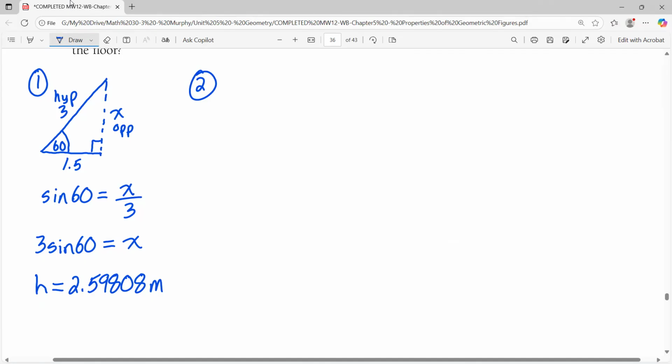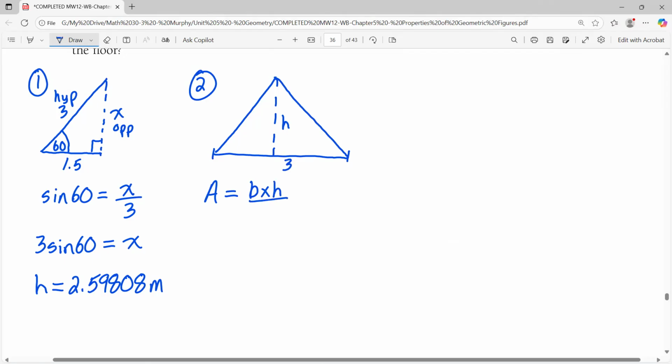Now we can get the area of the entire thing. So, and along the bottom is 3. Okay, so area is base times height divided by 2. So the base is 3.